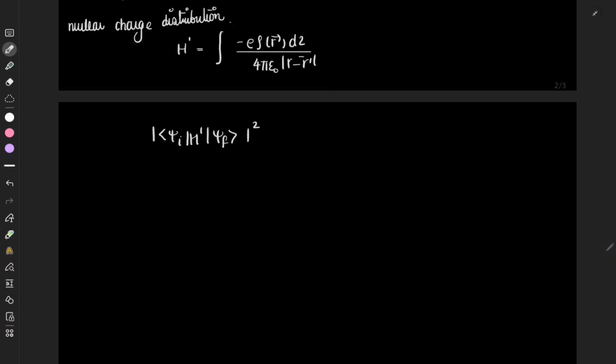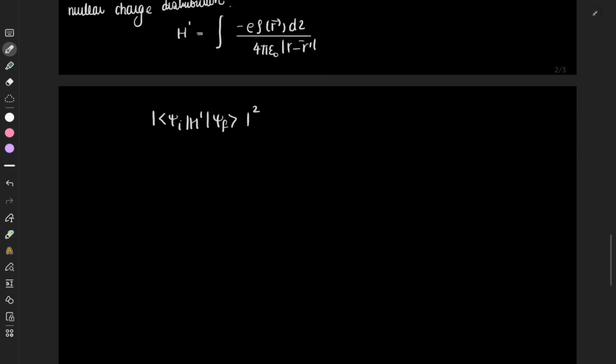So I'll write a few statements. This can be written in the integral form like this. Because this is the bra, this becomes psi i star; the ket is always the same, whereas the bra will be the conjugate of it.